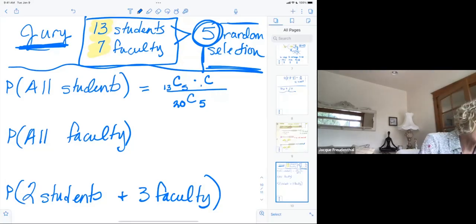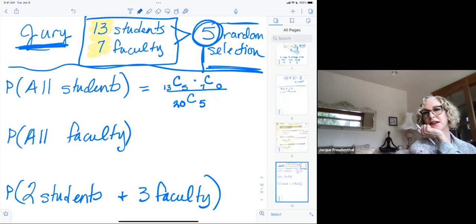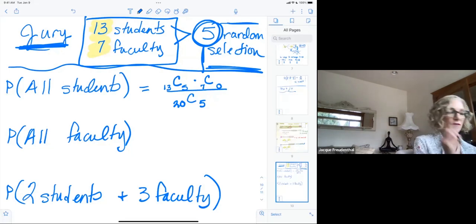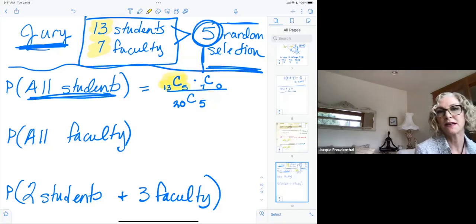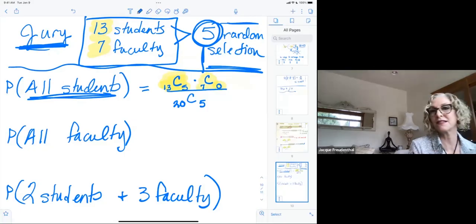Out of the 7 faculty, I want 0 of them to be in the jury. All students, so look what I did here. I'm not going to calculate these until we get these set up.